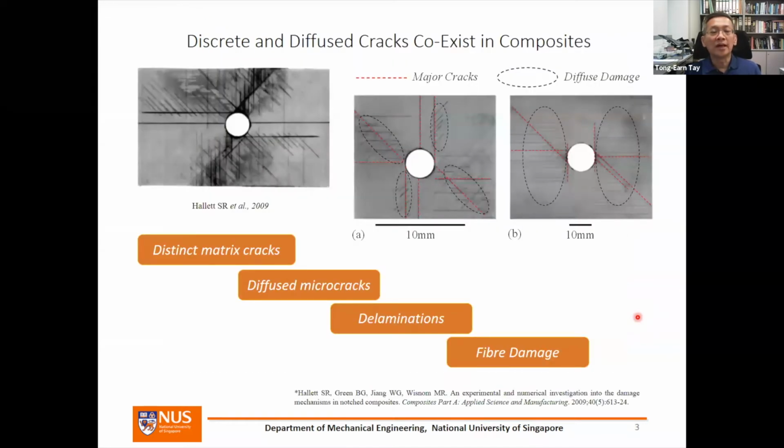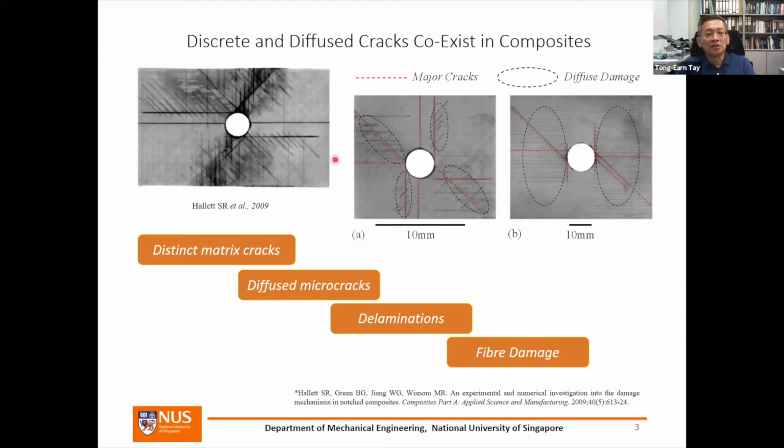So if you look at failure in composites and specifically damage and cracking in composites, you find that there are all kinds of things happening, even for a so-called simple specimen like the open hole tension.